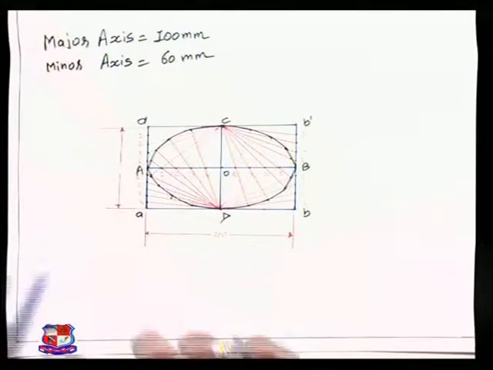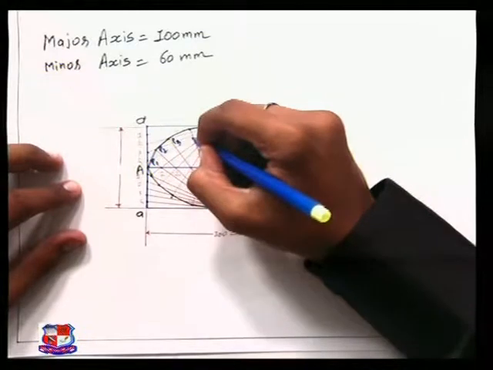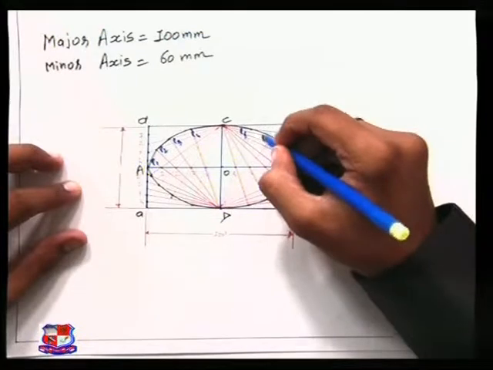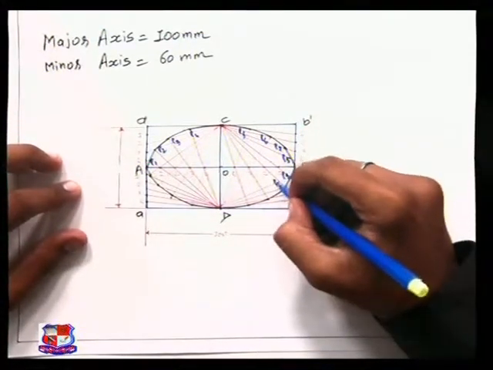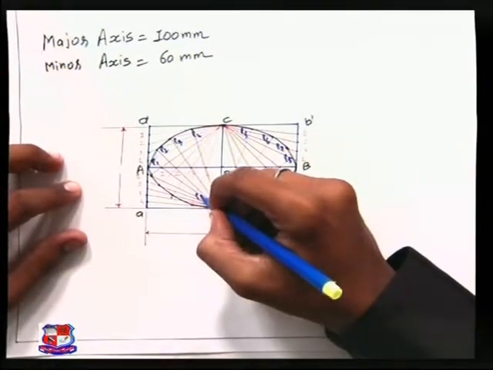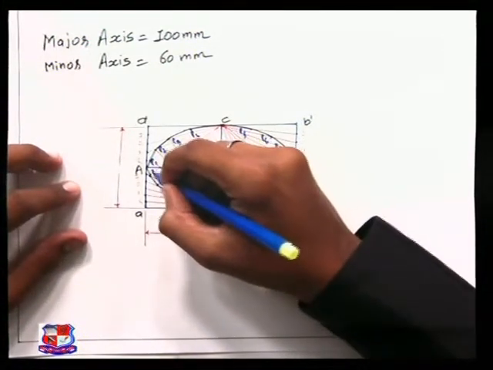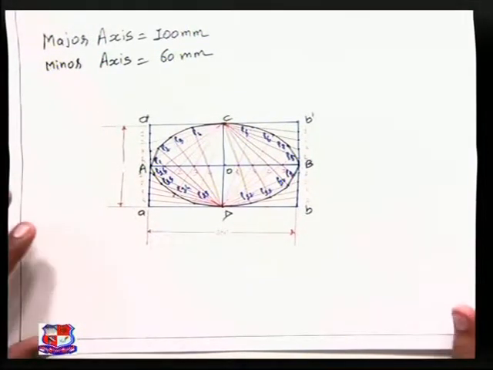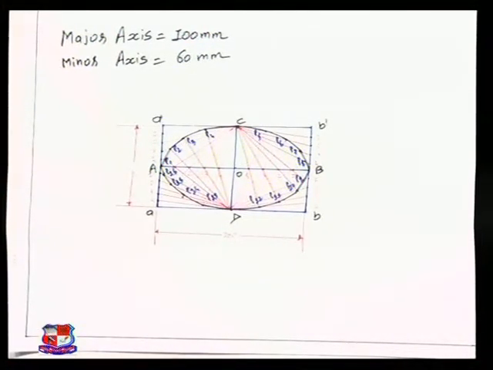Now it's time only for giving names to the points P1, P2, P3, P4, P5, P6, P7, P8, P9, and so on respectively. In total we have obtained 16 points. So this is how you can make an ellipse by the oblong method.